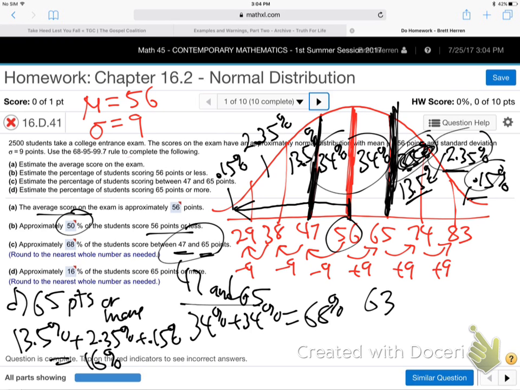Part D asks, so this is some exam. By the way, this is real. SAT, other college exams, they are almost always normally distributed as well. Not just physical things, but so many things are. There'll be some average score that people get on the exam, SAT or whatever.